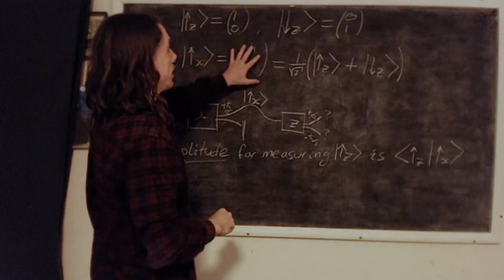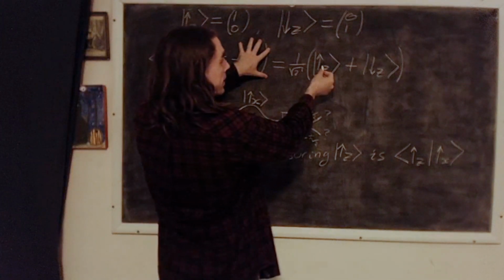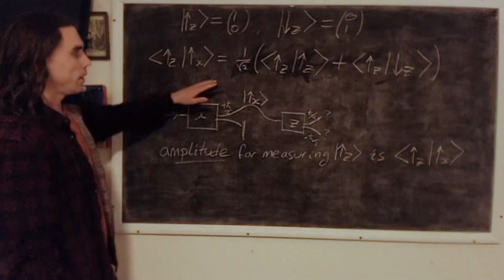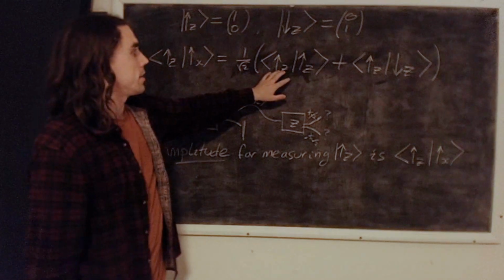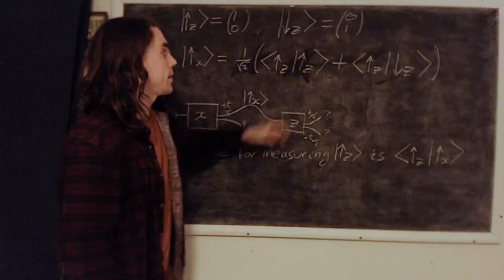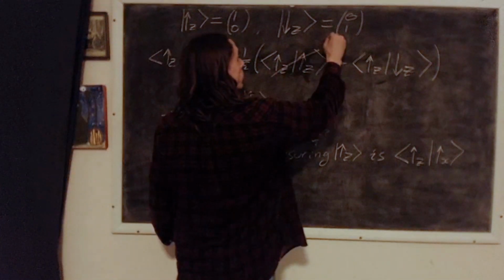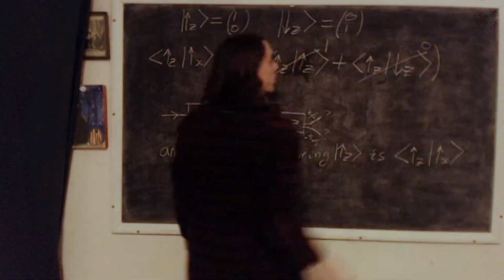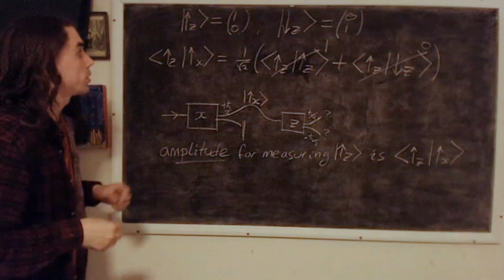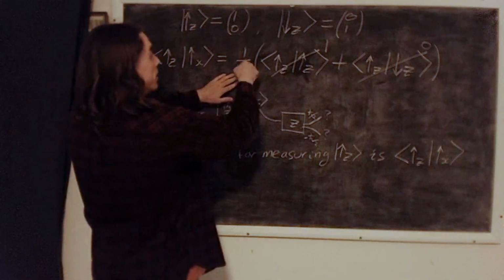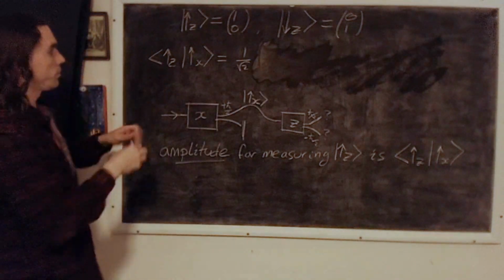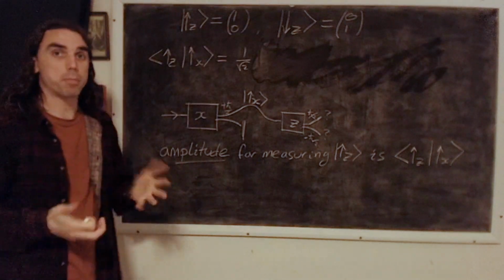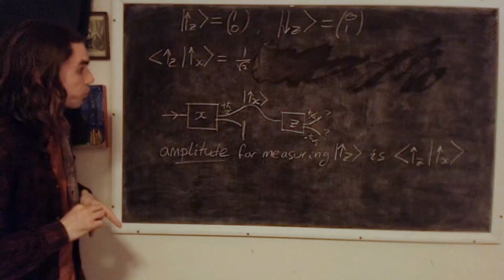Let's not worry about this one. Acted on here, we get the inner product of up in Z with up in Z, but we know that must be 1. Up in Z with down in Z is 0, because again the basis is orthogonal, and so we just get the answer 1 over root 2. You could have done it by writing it out in this particular choice of basis, but you didn't need to.